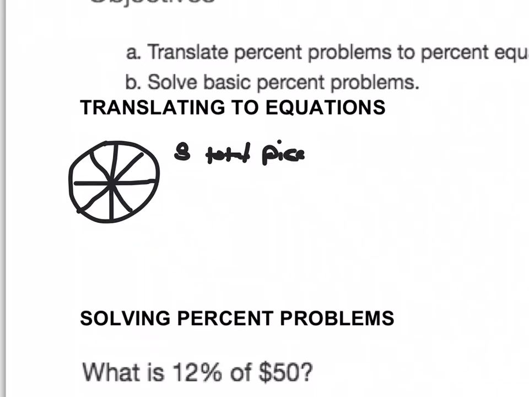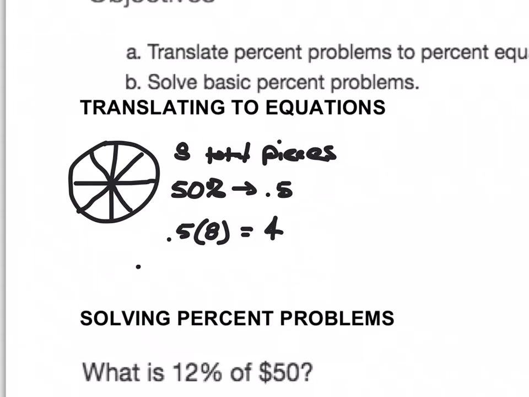If I wanted to find, say, 50% of this total pizza, then what I would do is take this percentage, translate that into a decimal, which would be 0.5, and multiply it by my 8 total pieces. If I do 0.5 times 8, that's going to give me 4.